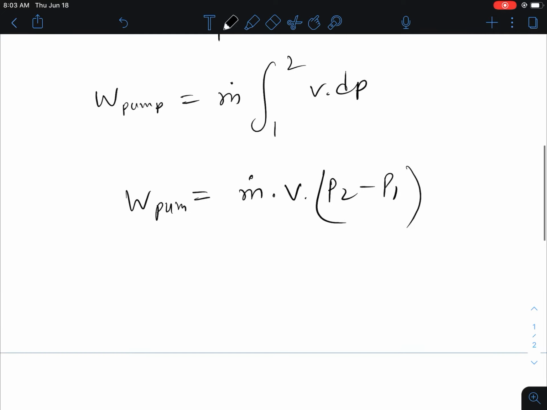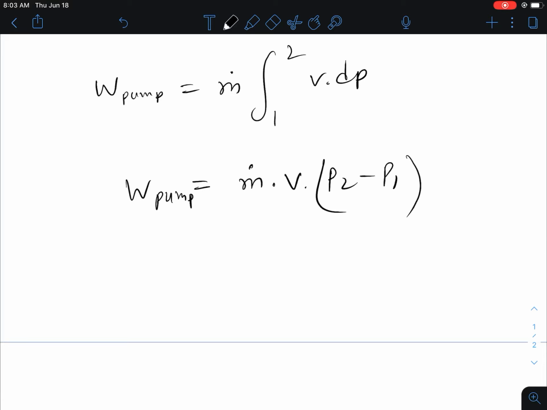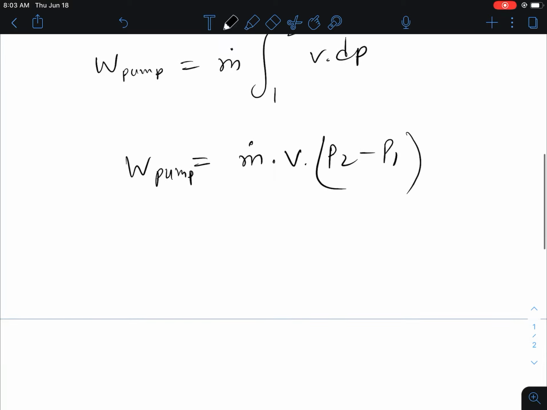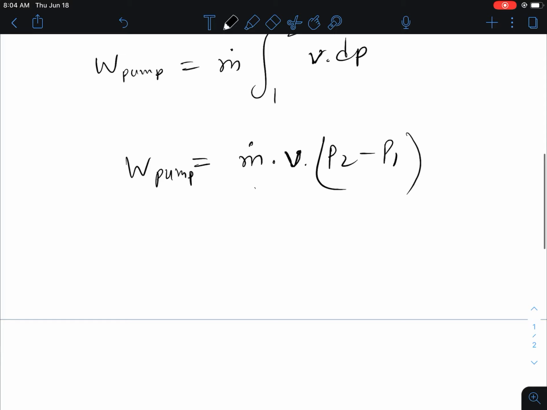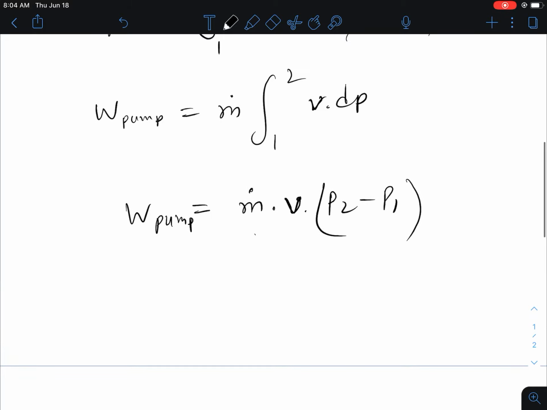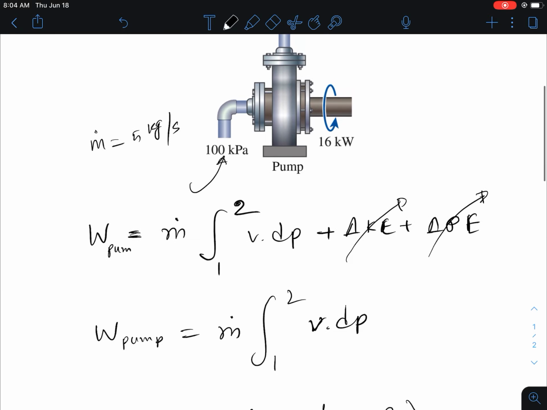So this is a relatively simple expression now for the pump, right? For this equation, we know P1, we know the specific volume of that water, and we know the mass flow, and we also know the power of the pump.